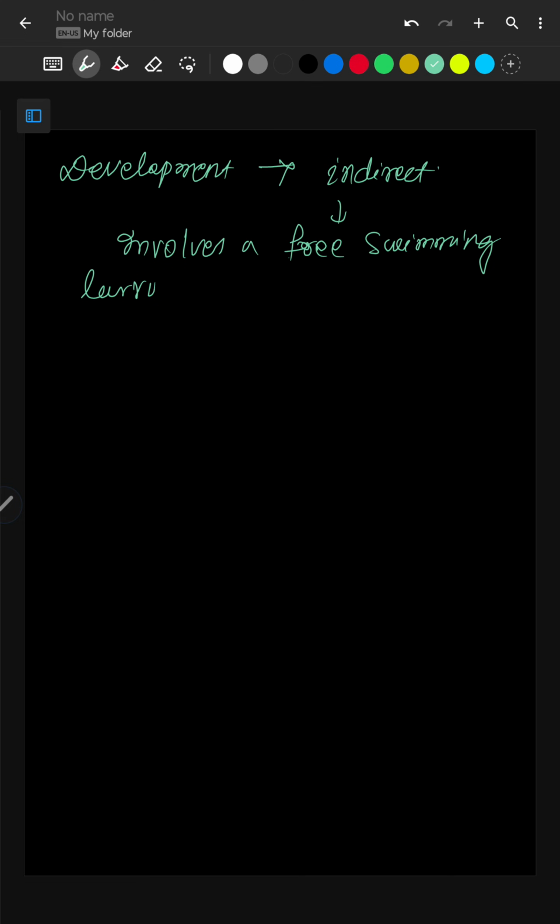Development is generally indirect. Indirect means it involves a free swimming larval stage, and the larva is bilaterally symmetrical.